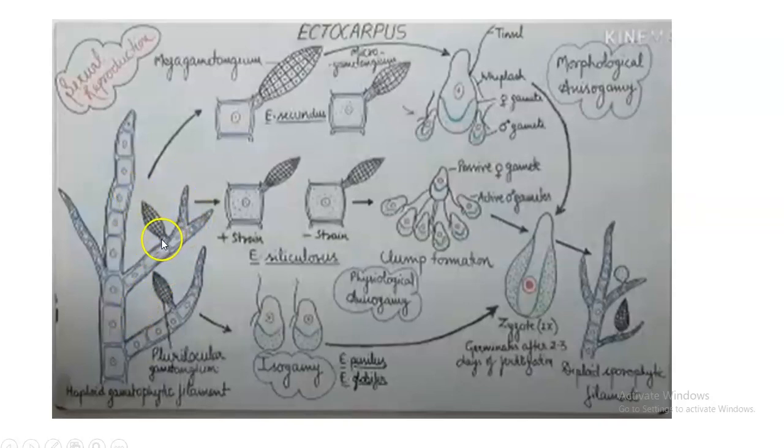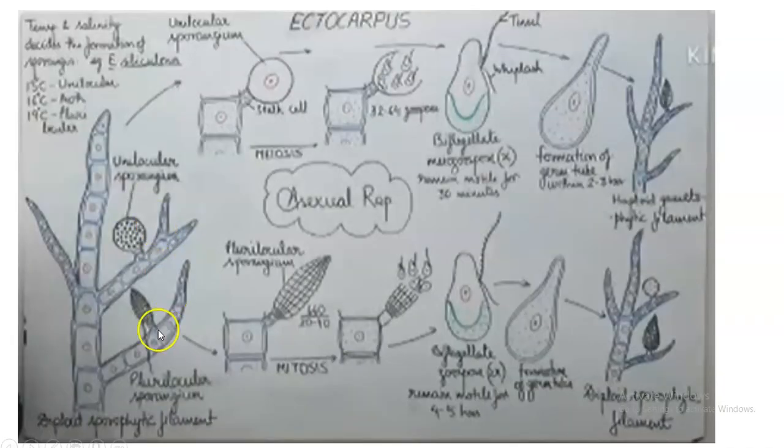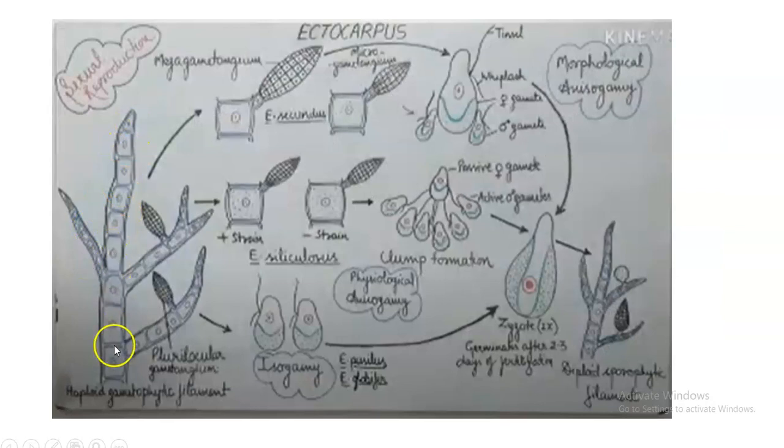Even the morphology of this plurilocular gametangia present in this particular gametophyte is the same as the plurilocular sporangia which was present in the thallus of the sporophytic generation. This is why we call this particular Ectocarpus life cycle isomorphic alternation of generation, because the sporophytic generation and the gametophytic generation look similar.